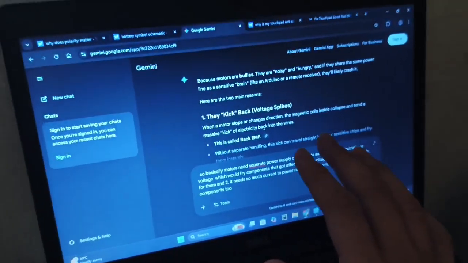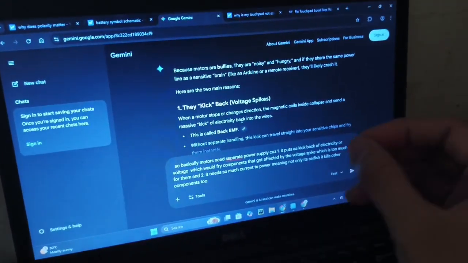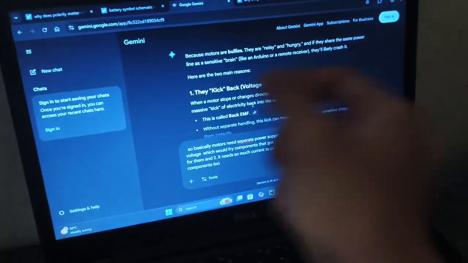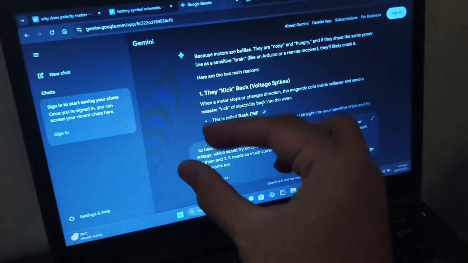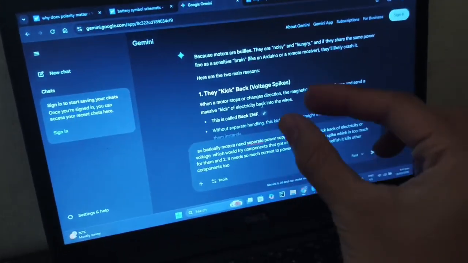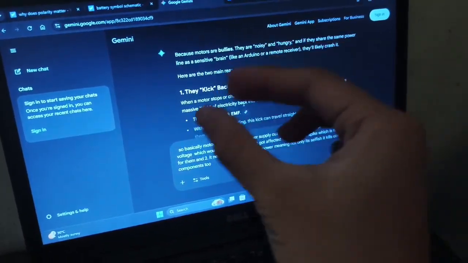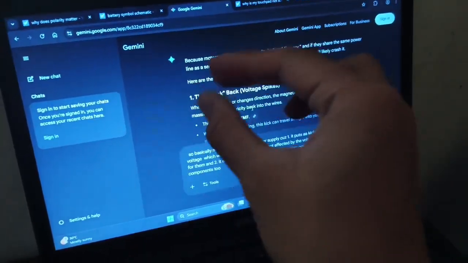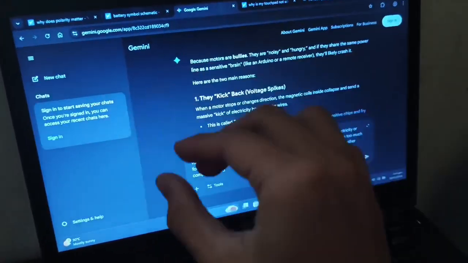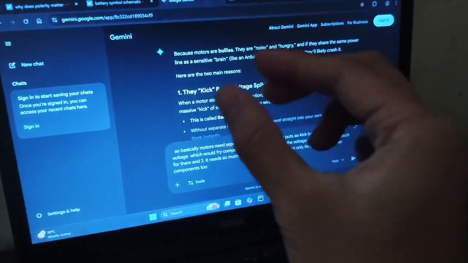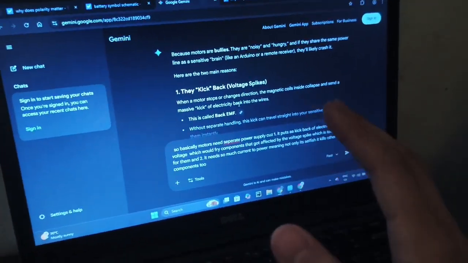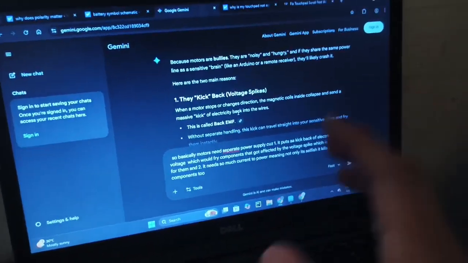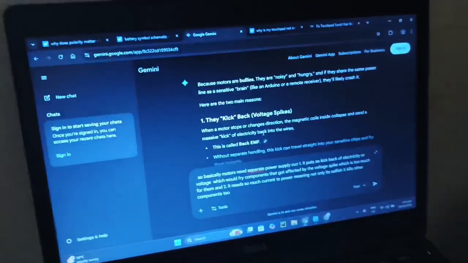The motor could kick back a bunch of electricity, which can be dangerous for your components because they can't carry that type of voltage or current. That's why they would break or burn.